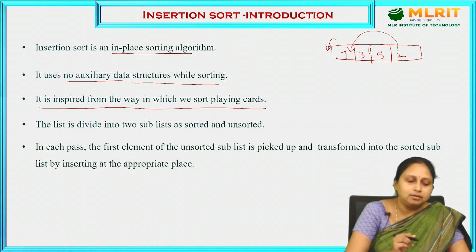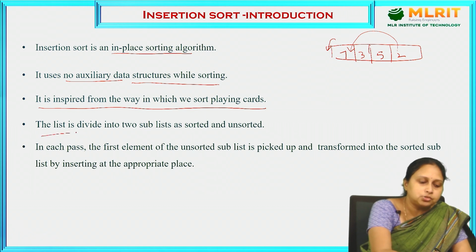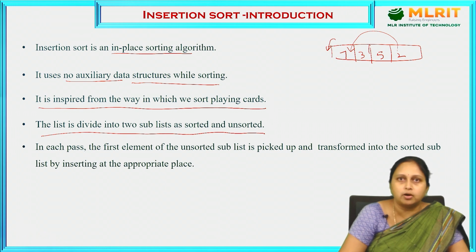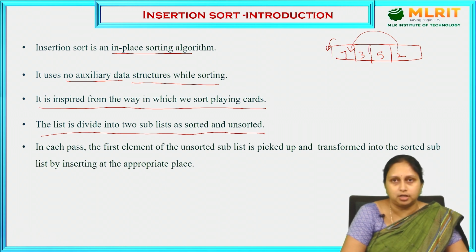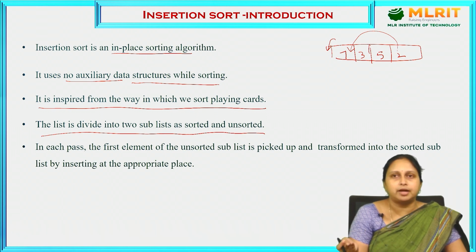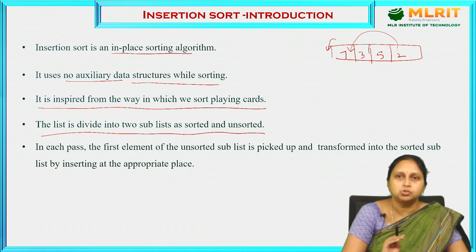The list here is divided into two sublists, one sorted and another unsorted. Based on that, we are going to place the elements which are in the unsorted sublist into the sorted order.